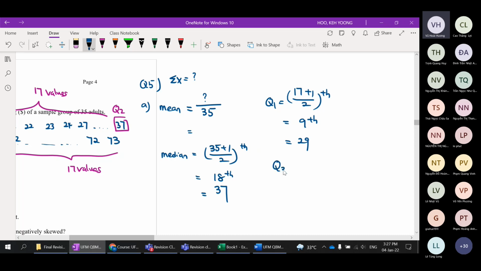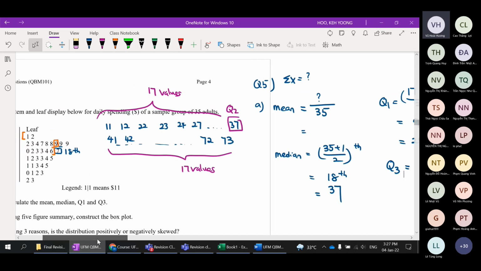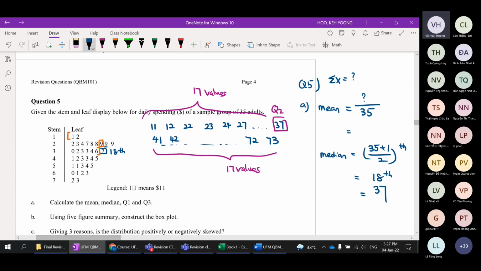How about Q3? Q3 is also the 9th value, but the 9th value in the last 17 values. From 41 to 73, they are 17 values, right? Q3 is located in the middle, which is the 9th value. So 1, 2, 3, 4, 5, 6, 7, 8, 9, which is this one.